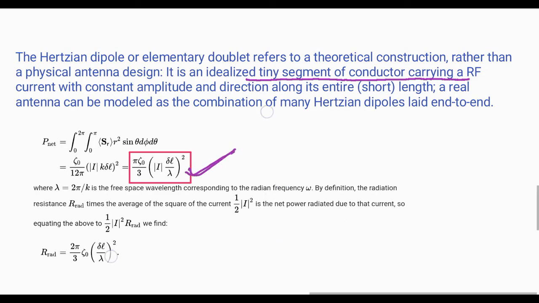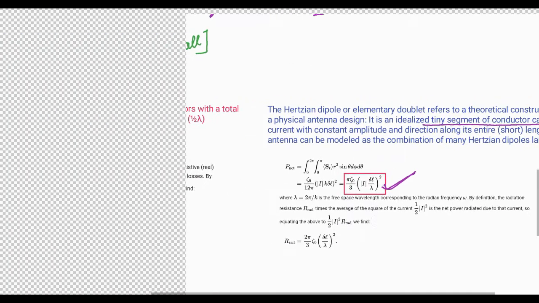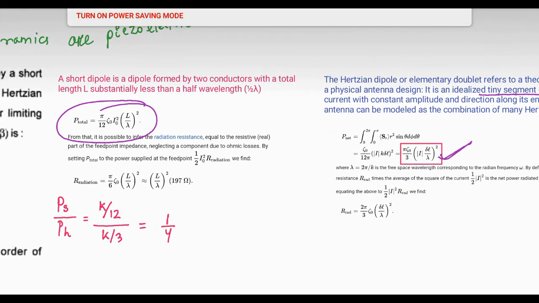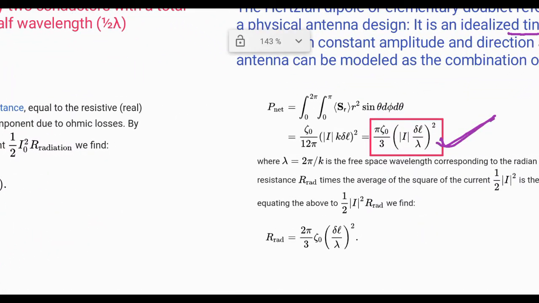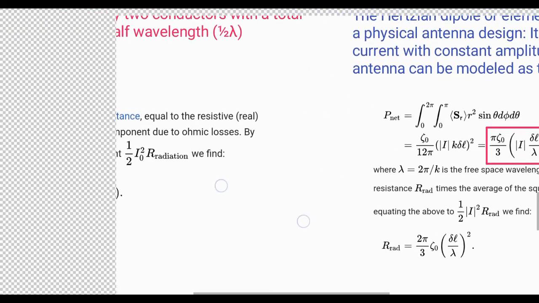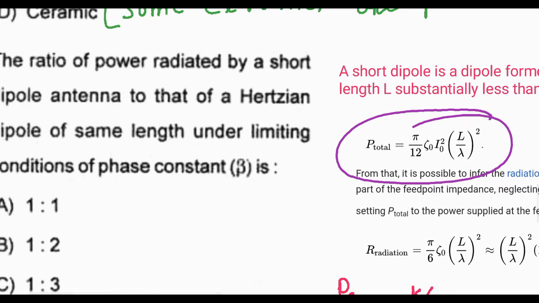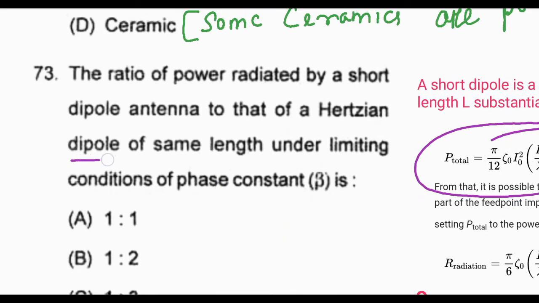So if we consider both the formulas here, this is del L, because we are considering the infinitesimal length of that antenna, and it is given in the question that the dipoles are of the same length.